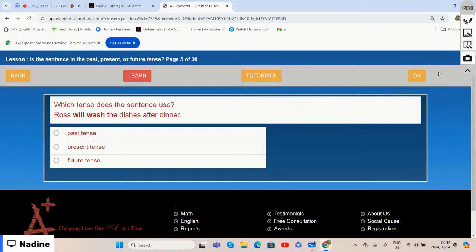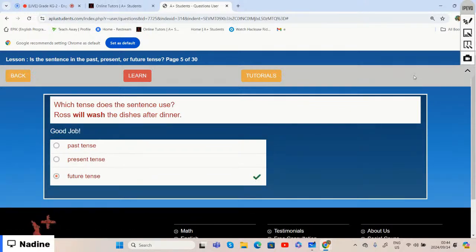And if we were to choose the correct tense, Ross will wash the dishes after dinner. We're having dinner now, right? So will wash is in the future tense, because it's something that must still happen.